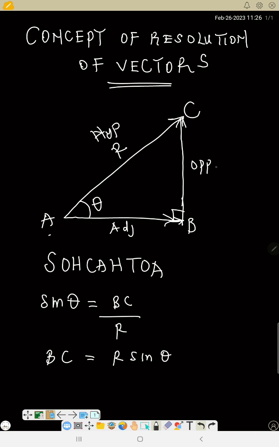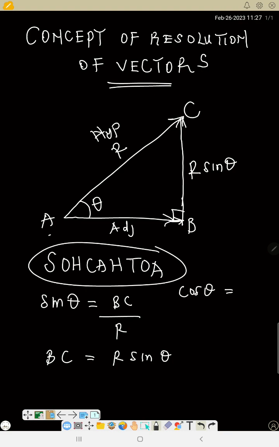That means this place, the opposite, is R sine theta. Now let's find the adjacent also. I'll use cos theta. SOHCAHTOA means sine is opposite over hypotenuse, cos is adjacent over hypotenuse, tan is opposite over adjacent.